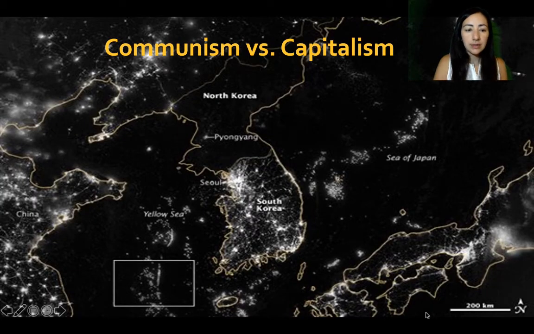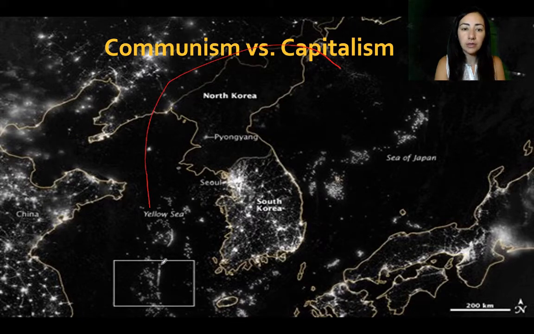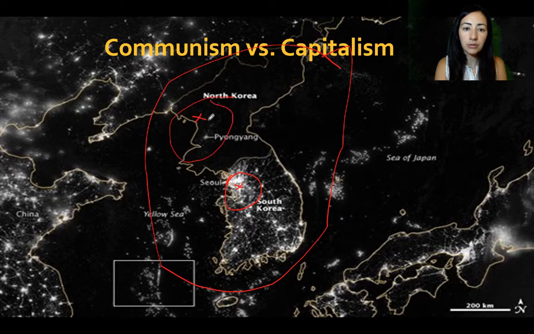So this illustration that you see here says communism versus capitalism. This is the night sky over the Korean peninsula, right? So this is South Korea, there's Seoul, and here's North Korea. Notice something strange, right? These lights in Korea are very, very bright in South Korea. Look at North Korea. There's only one light in the capital city of Pyongyang, right?